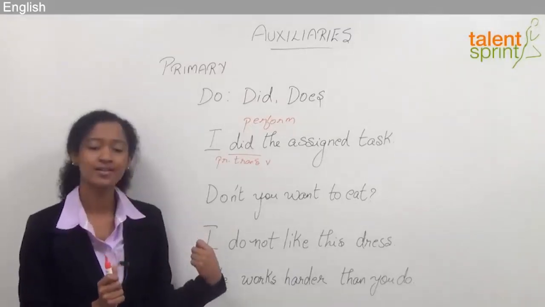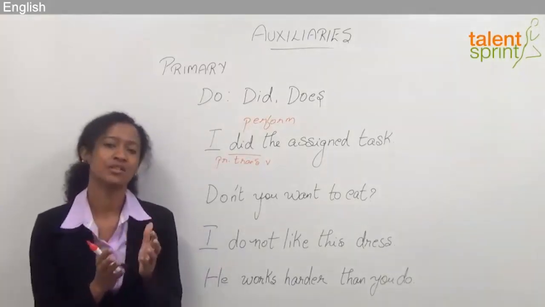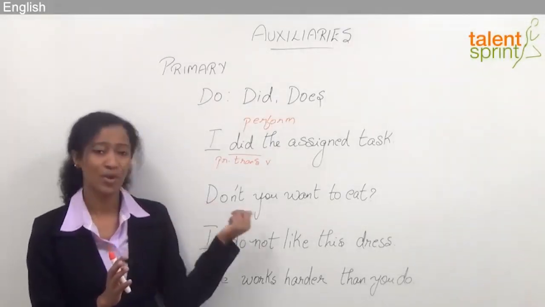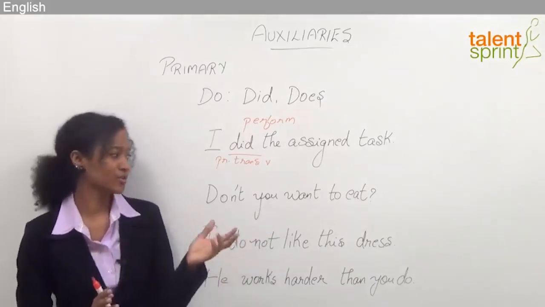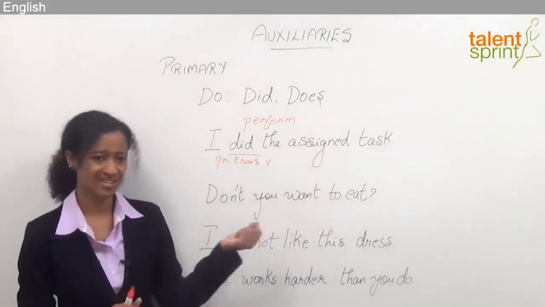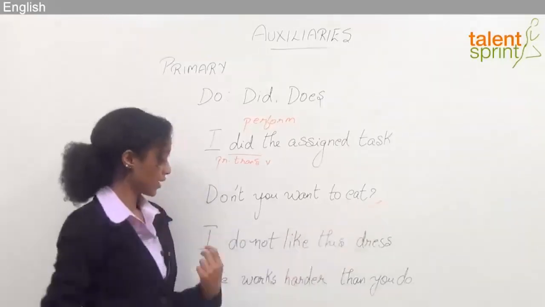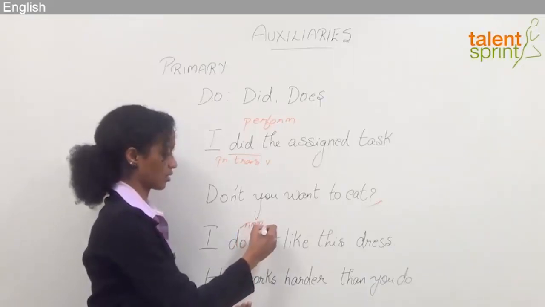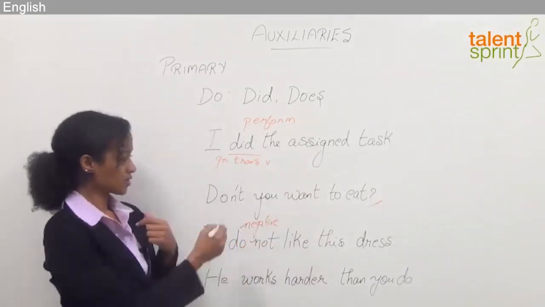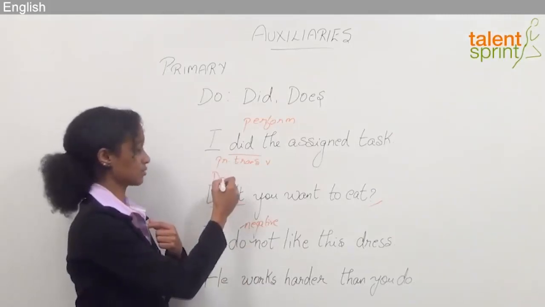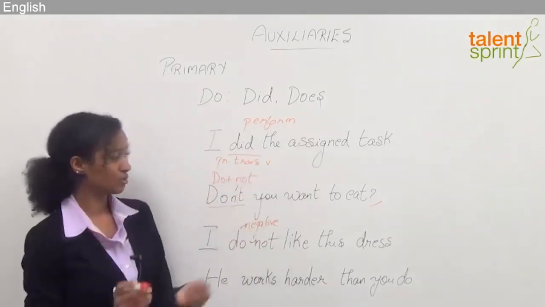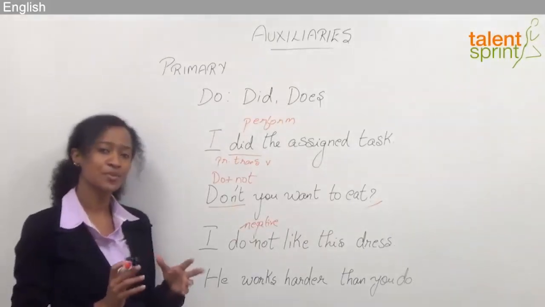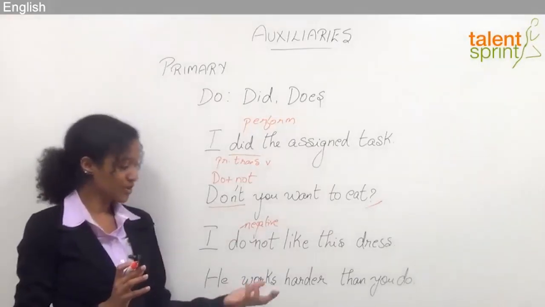The second and the third sentence, if you look at it, it functions as an auxiliary in the present and past tenses, either as a question or to express a negative meaning. So if you look at this, don't you want to eat is in the question form, right? And I do not like this dress is in the negative meaning, right? Notice don't is nothing but do plus not. Don't you want to eat? Okay, and it also acts as a pro-verb or a substitute verb, meaning to avoid repetition of the previous verb.